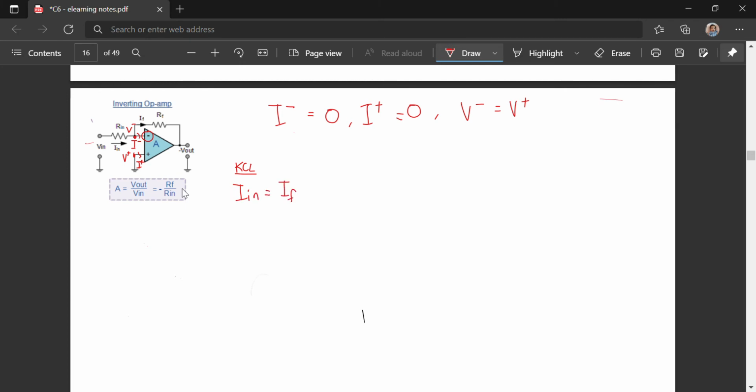So Iin is voltage divided by resistance. So we have (Vin minus V minus) divided by Rin equals (V minus minus Vout) divided by RF.